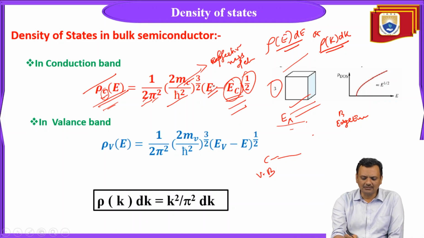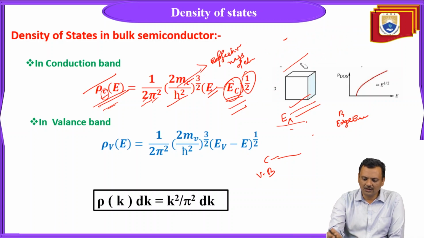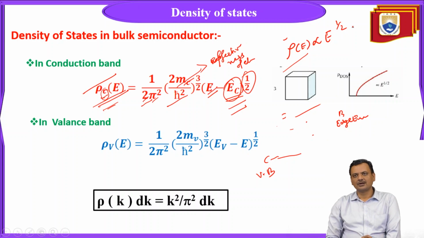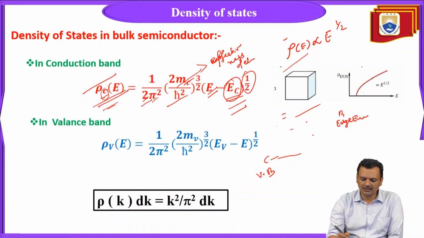The variable is E, so your density of state rho E is proportional to E to the power half. If you plot this variation, you will get a curve like that.